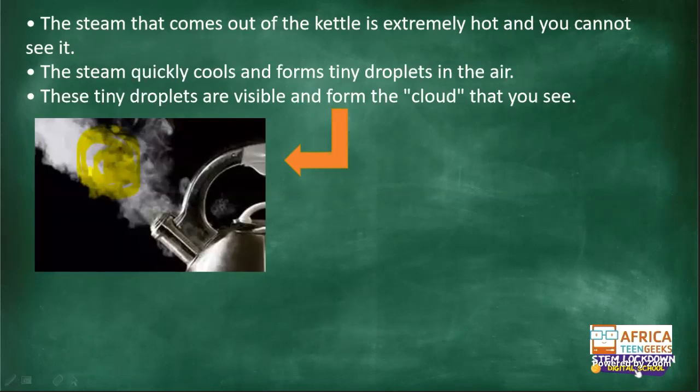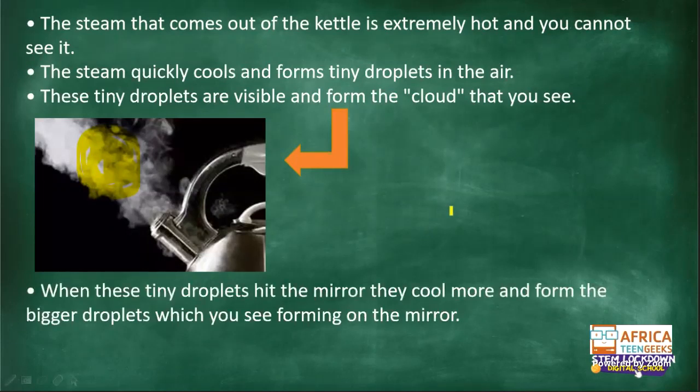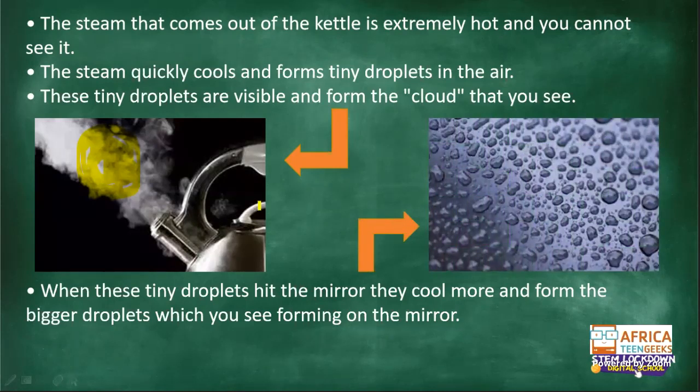Okay, this is tiny droplets of water. When these tiny droplets hit the mirror, they cool more and they form bigger droplets, which you can then see on the mirror. So here they are still very small. But on the mirror itself, it's going to look like this because now they become bigger. They cool even more. The higher it goes, or the longer it is in the air, the faster it will turn into this.